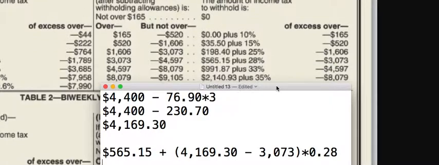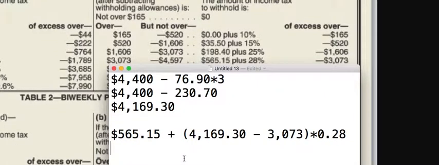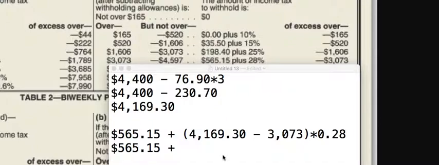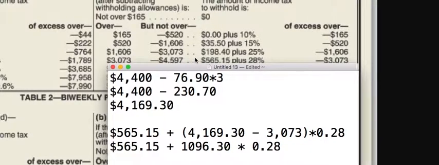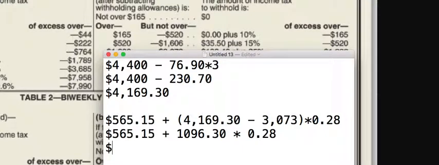So our final answer for federal income tax is going to be this. Subtracting those two, it makes $1,096.30 times 0.28. A little bit more here. We got $565.15 plus, when you multiply those two, I get this.